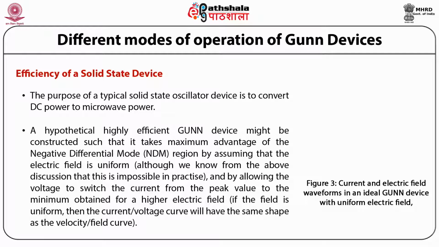And by allowing the voltage to switch the current from the peak value to the minimum obtained for a higher electric field. That is, if the field is uniform, then the current voltage curve will have the same shape as the velocity field curve. This is shown in this figure, where current and electric field waveforms in an ideal Gunn device with uniform electric field are such that the I by E curve follows the V by E curve.